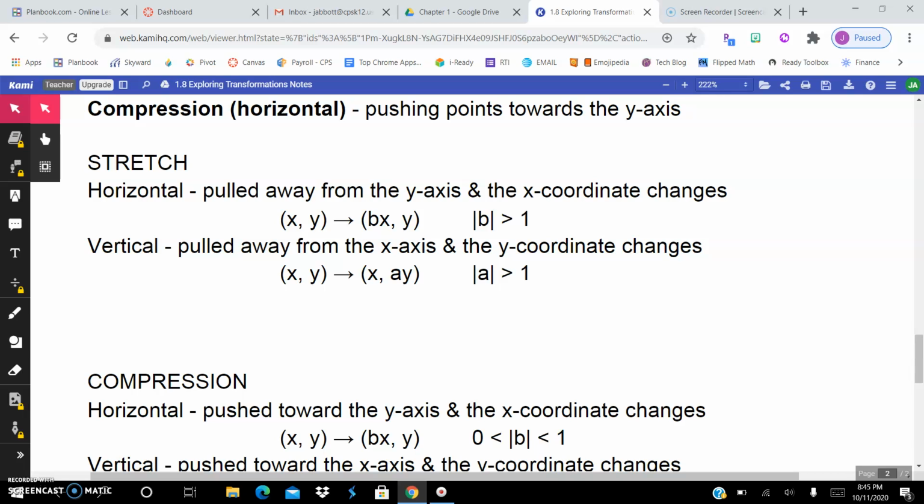So if the factor was 2, then we're going to take that x-coordinate and multiply it by 2. If it's a vertical stretch, we're going to do the same thing, but we're going to multiply the y by that factor given in the problem. And this works when our factors are greater than 1.